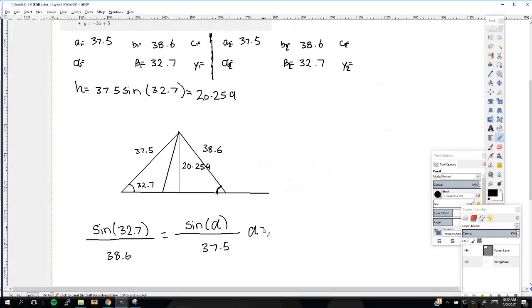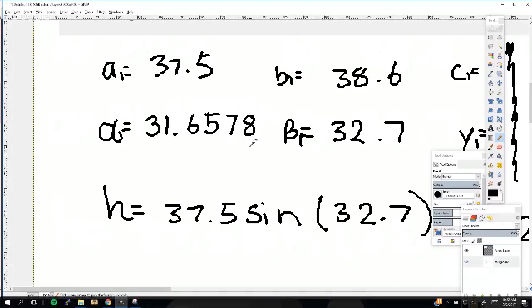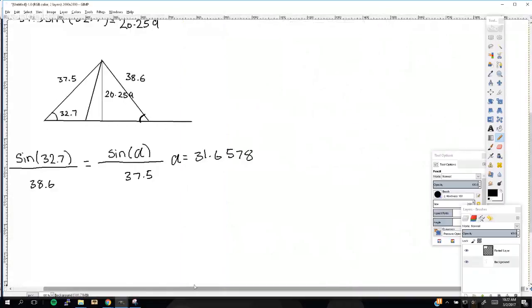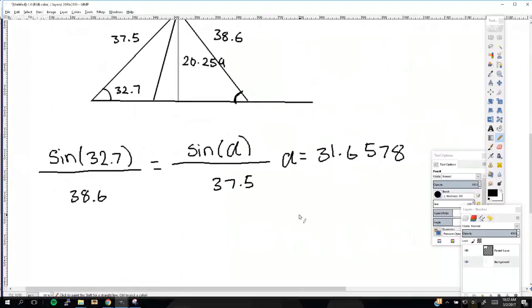I got alpha is equal to 31.6578. Yep, that's what I got.